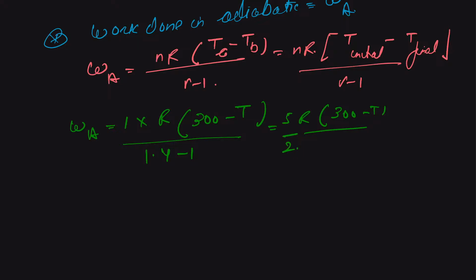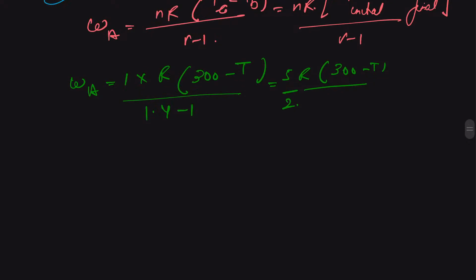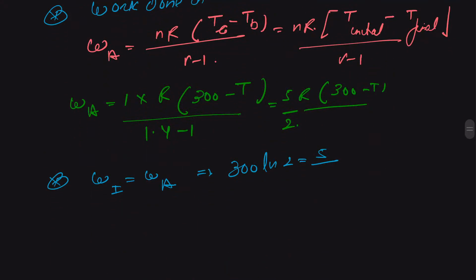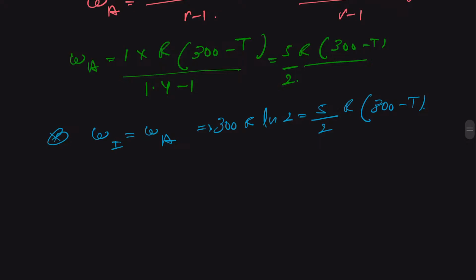Okay. Now we can just equate the work done. We are given that work done in isothermal is equal to work done in adiabatic. So we get this as 300 R natural log of 2 is equal to 300 R, and this is about 300 minus T, and you can solve this.